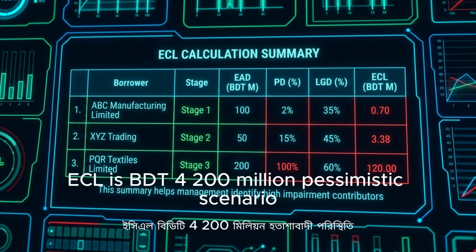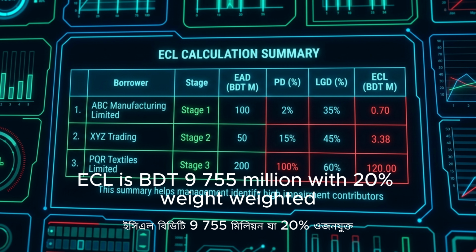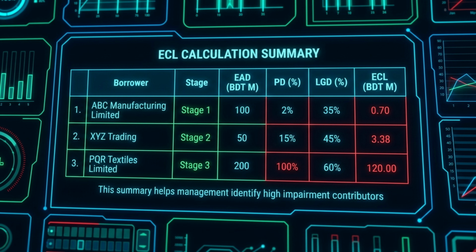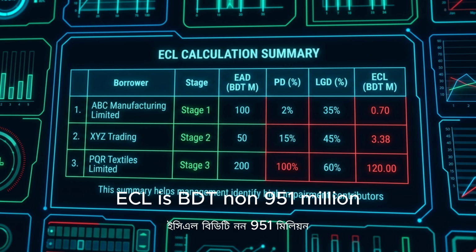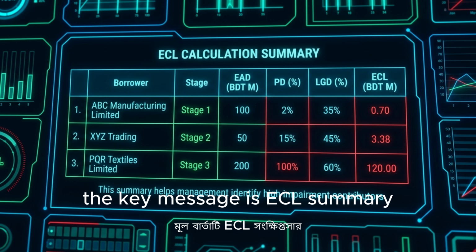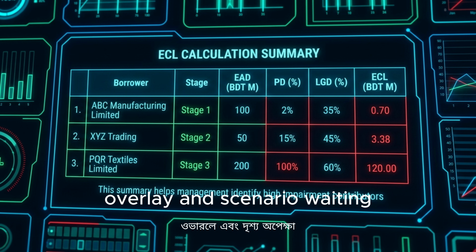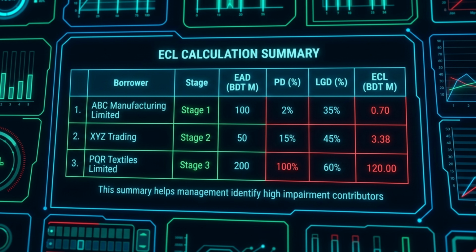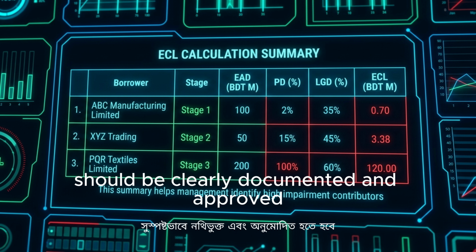Weighted ECL is BDT 200 million. Pessimistic scenario, ECL is BDT 755 million, with 20% weight. Weighted ECL is BDT 951 million. Total probability-weighted ECL is BDT. The key message is ECL summary, overlay, and scenario weighting should be clearly documented and approved.